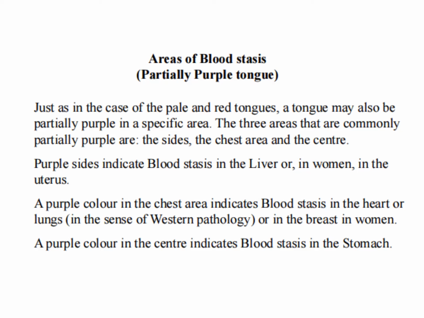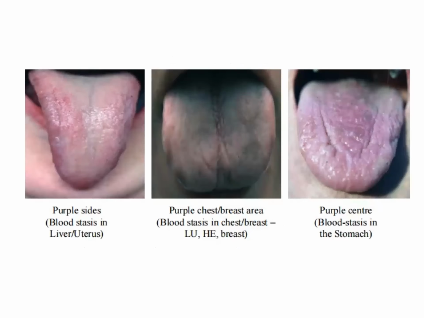Okay. So remember women, if your sides are purple, that could be blood stasis in the uterus. A purple color in the chest area, blood stasis in the heart or lungs, in the sense of Western pathology, or in the breast of women. A purple color in the center, blood stasis in the stomach.